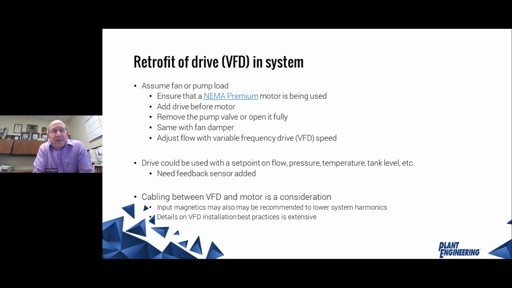There is very specific cabling designed for use between motors and drives, and the drive manufacturers in many cases will have specific recommendations on what that cabling should be. One of the best things to pay attention to is also the grounding system, and how you ground from the motor back to the drive and then to the earth ground from both the motor and the drive.